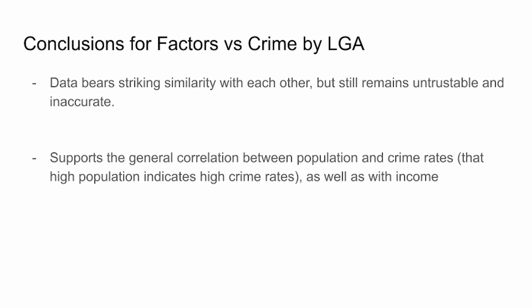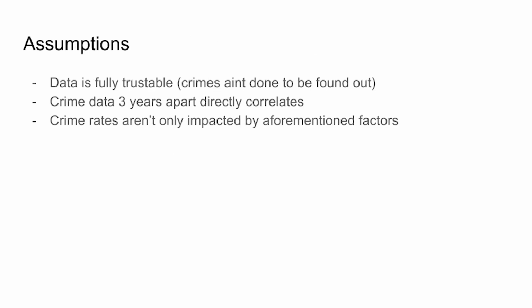There's no denying that there are similarities between the data, but there are again too many determining factors in just these factors that we're investigating that influence the data beyond what we can predict with our current data. In fact, this becomes way more obvious when we consider the assumptions we made. Crime data, for starters, is debatable, since a major part of a crime is covering it up, and what we have may not be true to the real world.